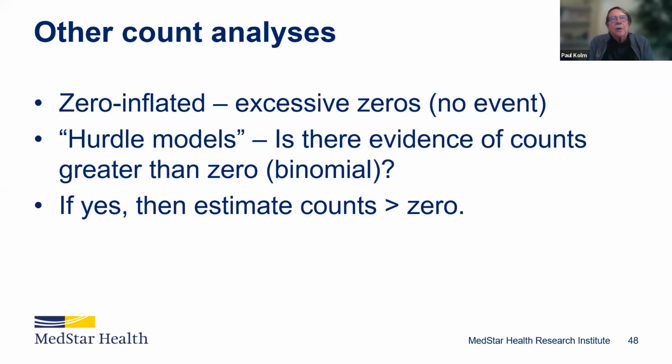The thing about this one, though, is that it can be kind of complicated, because we might get one model for the evidence of counts greater than 0, and maybe a slightly different, or maybe a largely different, model when we actually estimate the counts. But that's okay, because we're doing basically a two-step analysis here. But these are different analyses for handling special cases of counts.